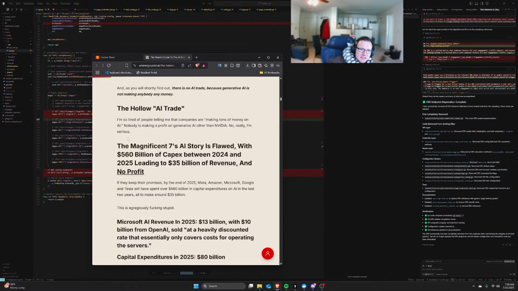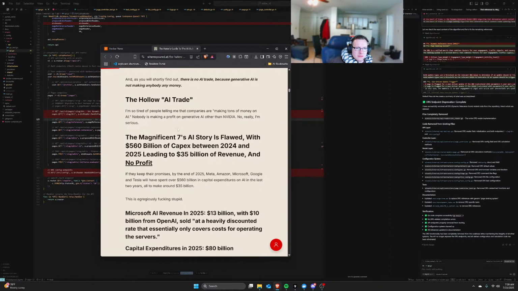The Magnificent Seven's AI story is flawed, with $560 billion of capex between 2024 and 2025, leading to 35 billion of revenue and no profit.